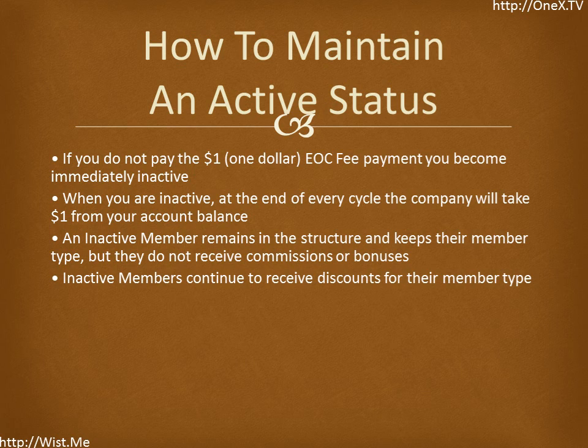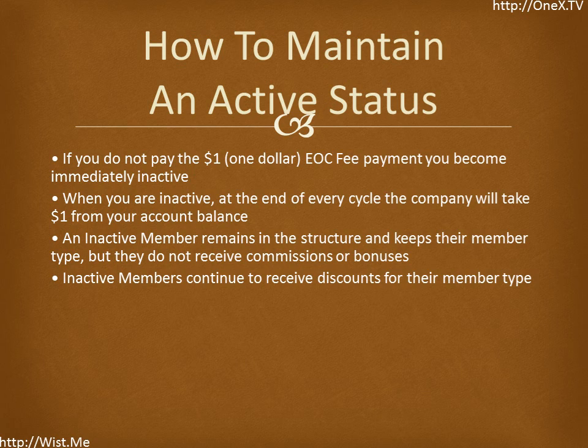Okay, now, very important. You can only receive money if you are active, if you have the active status. Now, how do you get the active status, and how do you stay active?